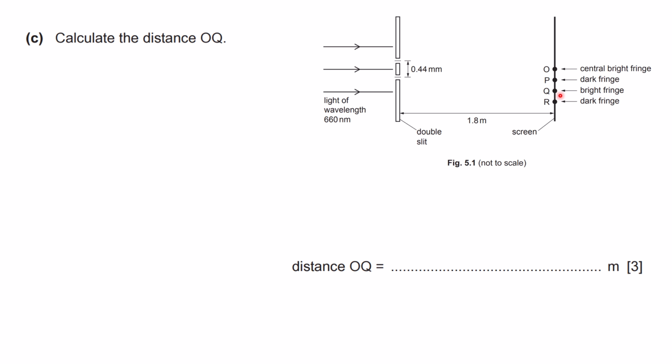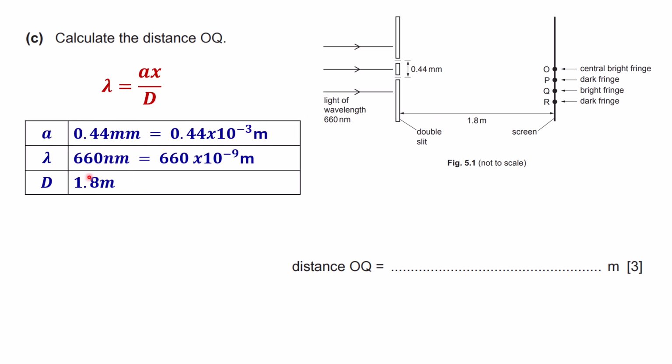OQ, so it's between two bright fringes. Okay, how do we do that? We need to use this formula here, which is for double slit. Wavelength is equal to the distance between both slits times the distance between two consecutive bright fringes or dark fringes, divided by D. In this case it is O and Q, so two consecutive bright fringes, and D is the distance between the slits and the screen.